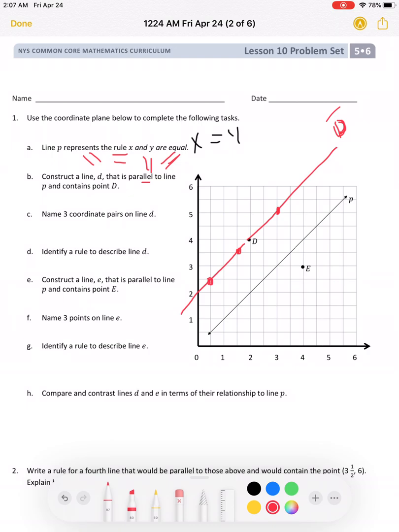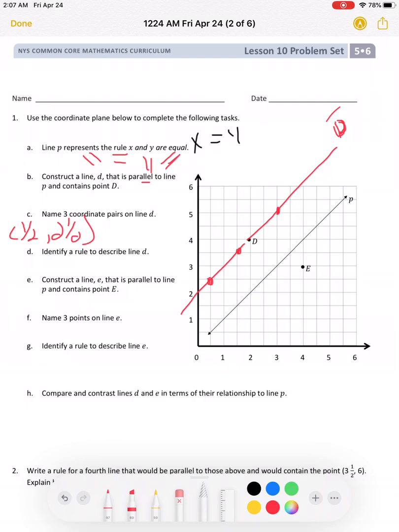Okay, so let's look at the first coordinate pair. X goes first. So on the x-axis, this coordinate pair sits on 1/2. On the y-axis, it sits on 2 and 1/2. So the first coordinate pair is (1/2, 2 and 1/2). All right, let's do the next one.